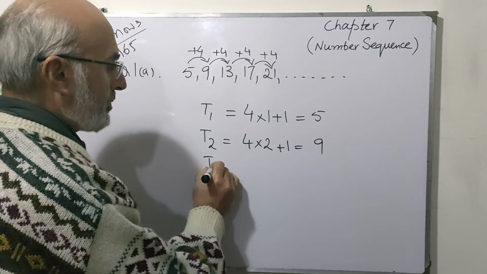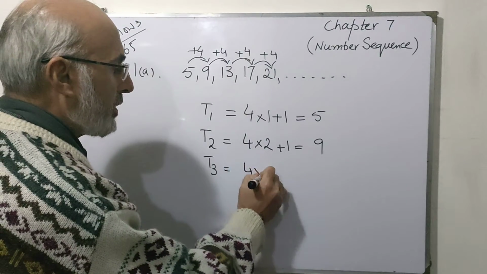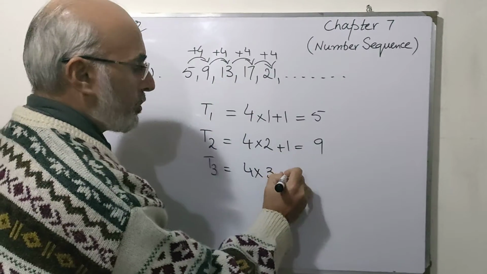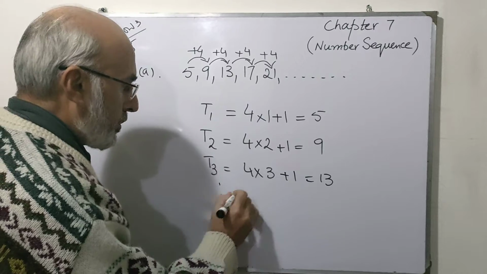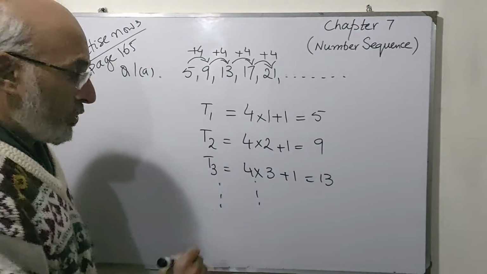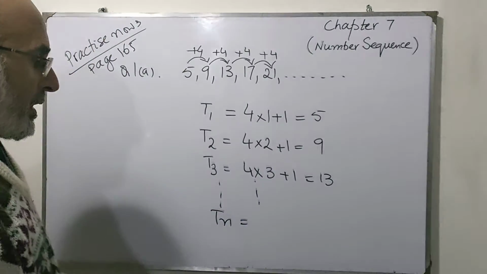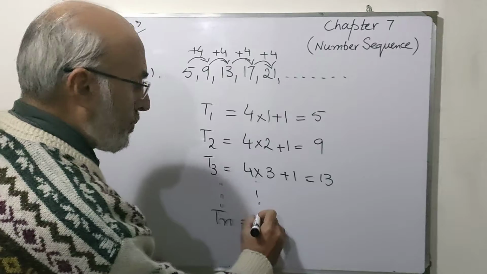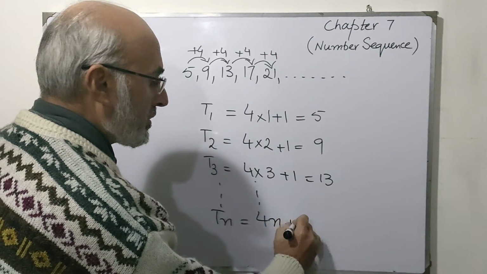Term 3. Position of the term is 3. So 4 into 3 is 12. We need 13. So plus 1 is equal to 13. And it goes on. So term Tn. When we are talking about the nth term, what are we going to do? 4n plus 1.